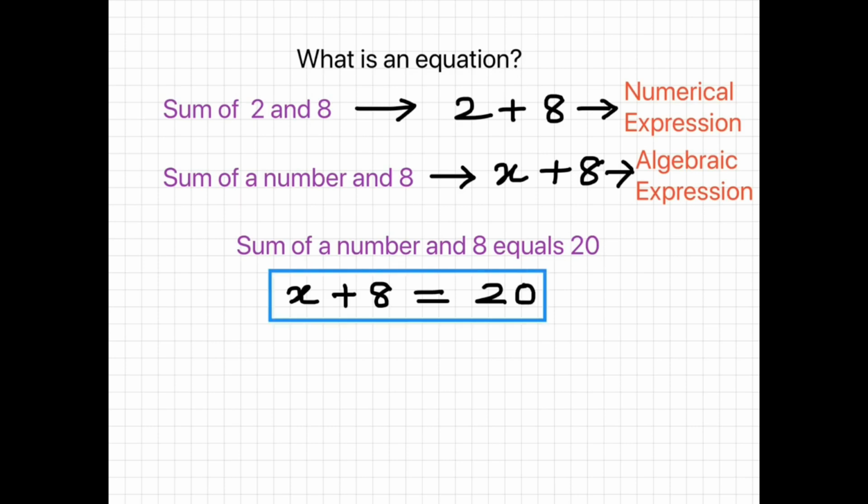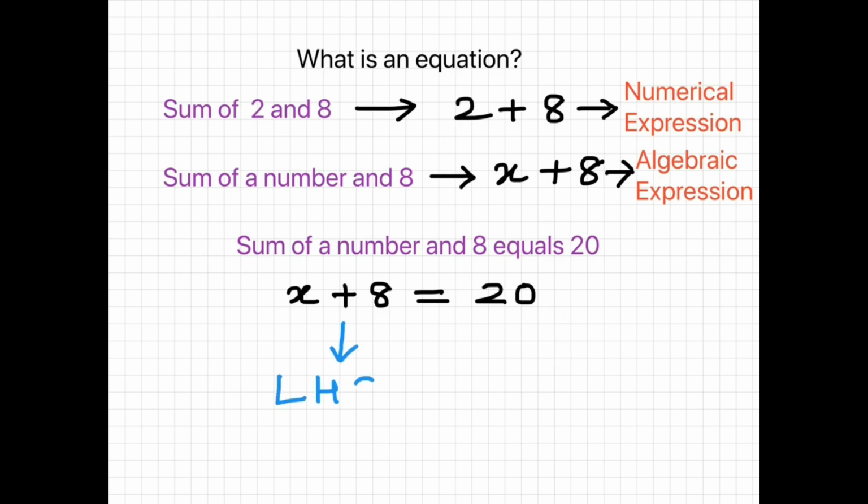This is not an expression, it is an equation since it has equal to sign. This equality sign divides the equation into two sides, left hand side and right hand side. Here the expression on the left hand side, that is x plus 8, is equal to the expression on the right hand side, that is 20.